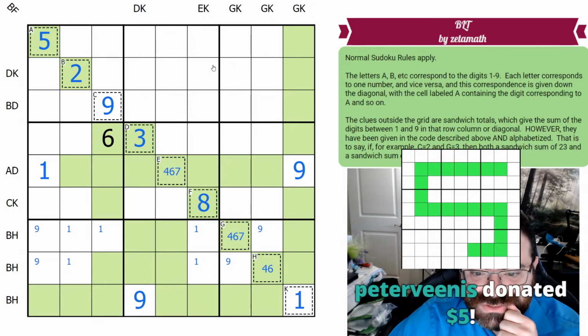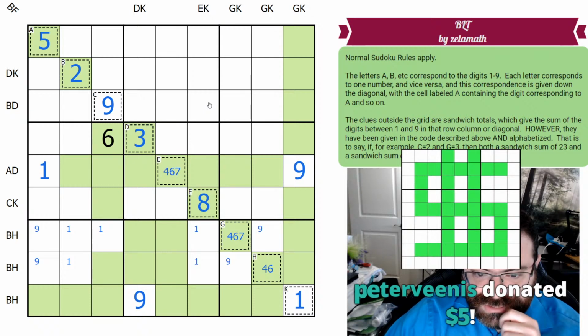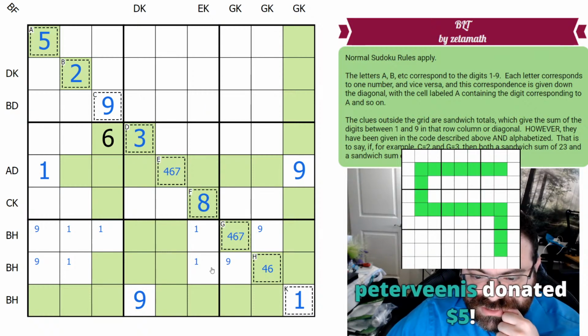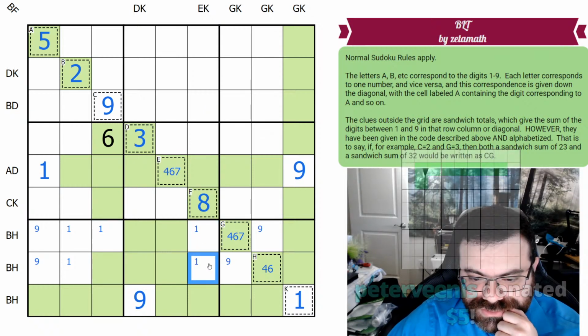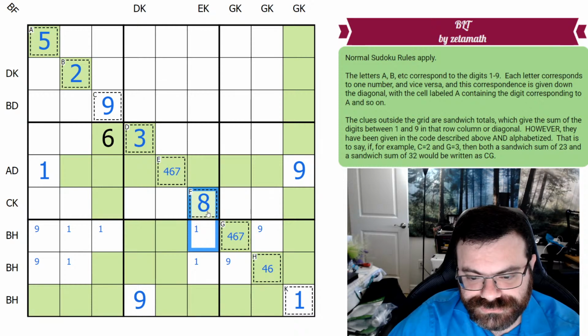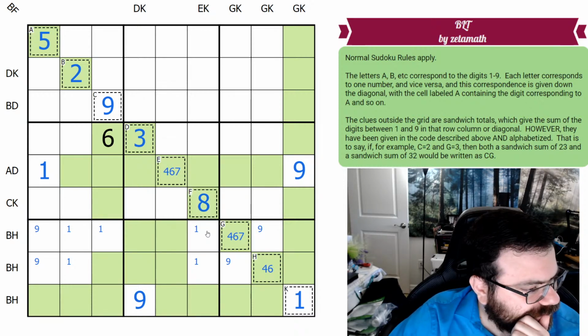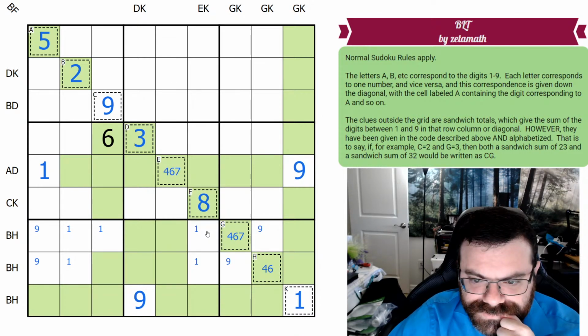You think column 6 is useful? EK is 14, 16, or 17. We got a 1 in one of these two. So if it were here, is it?